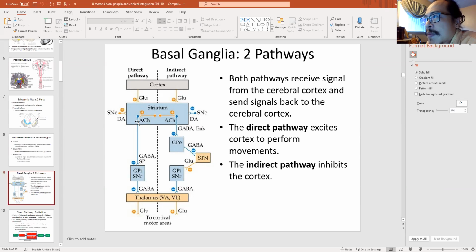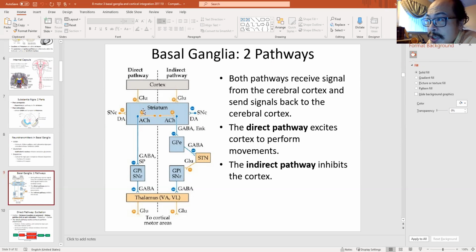Let's look at the direct pathway first. The direct pathway includes three components. These two are not one after the other; they are basically either-or. The signal is sent to the striatum.